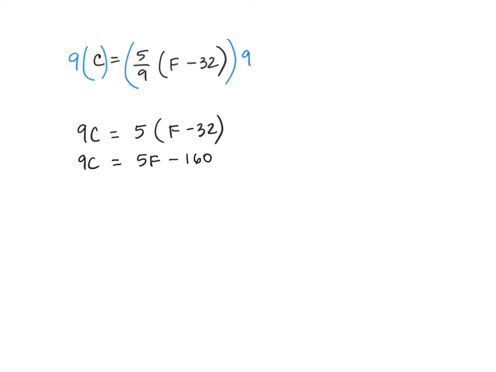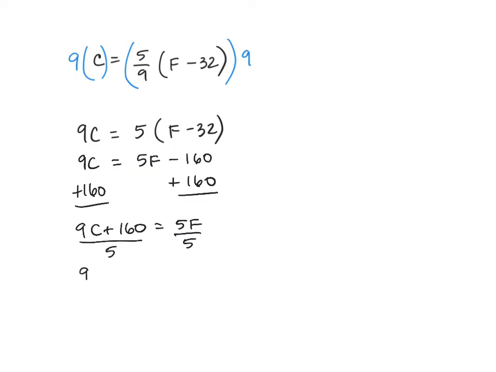And now all we have to do is solve for f. So add 160 to both sides. So I've got 9c plus 160 equals 5f. Divide everything by 5.